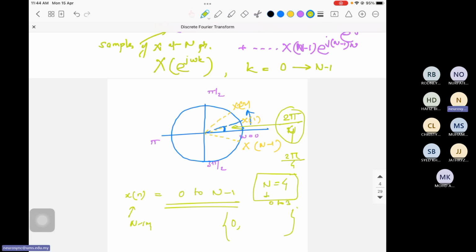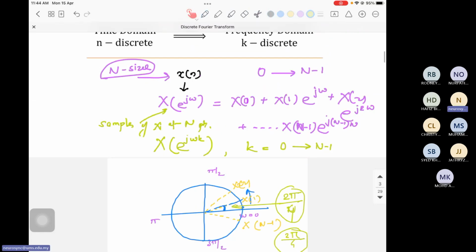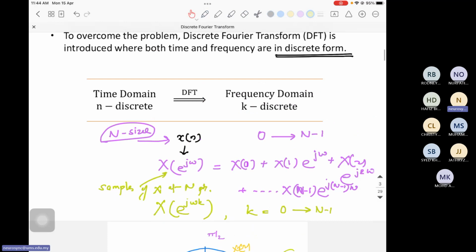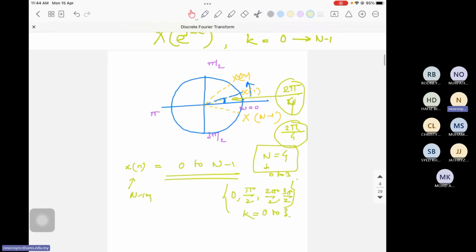So 2 pi by 4 means pi by 2. Then the third value is 2 pi by 2, and the fourth value is 3 pi by 2. So basically we are multiplying with k, and k will vary from 0 to 3. Here we have multiplied with this k, which is an integer. Got this idea of how to discretize?